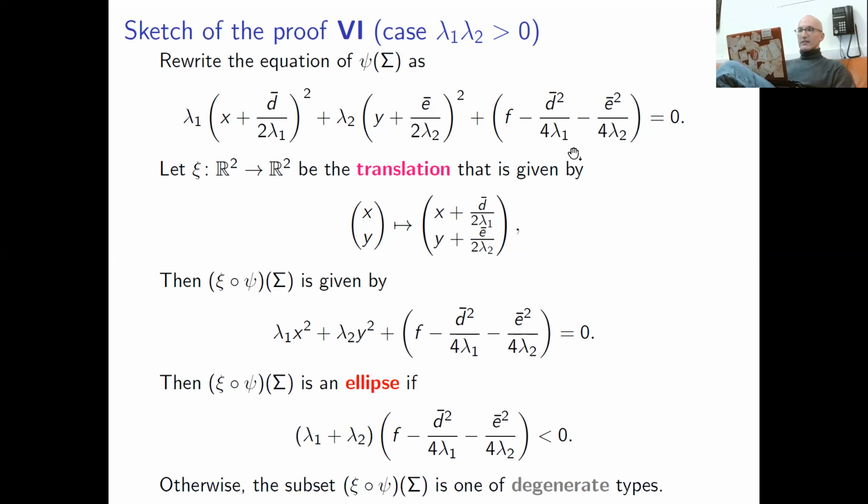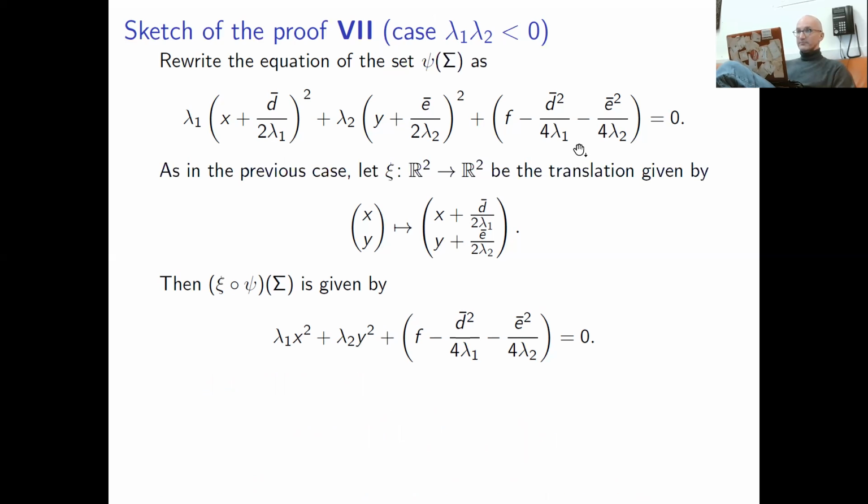Lambda 1 times lambda 2 is positive. Let's consider the case when the eigenvalues have different signs. Then you can just repeat everything that I did on the previous slide, and you get absolutely the same equation. But now you have to keep in mind that lambda 1 and lambda 2 are of different signs. So one can be negative, but then the other should be positive.